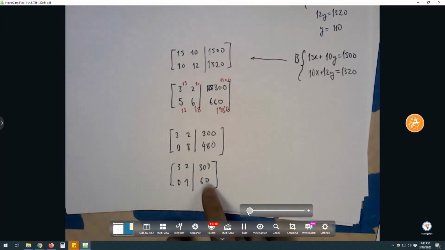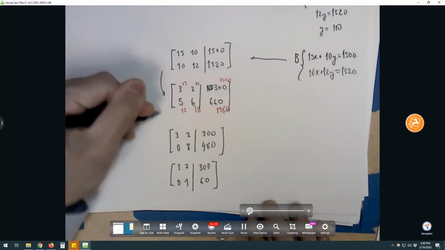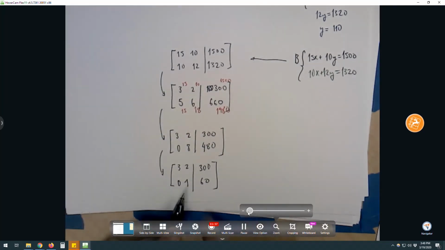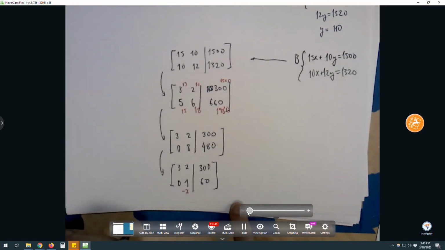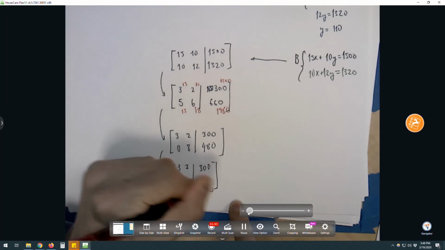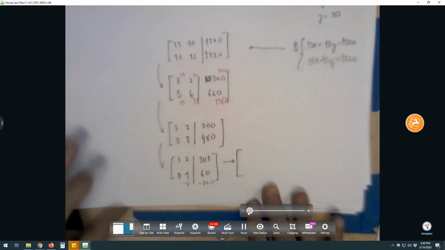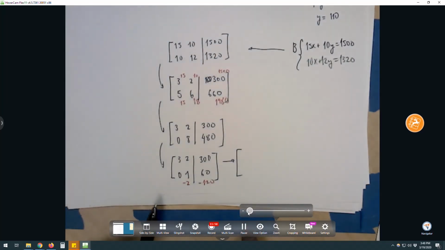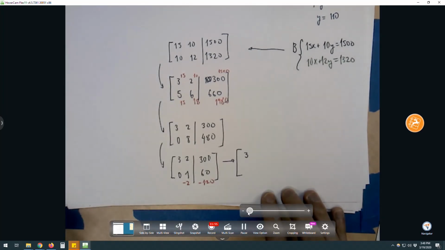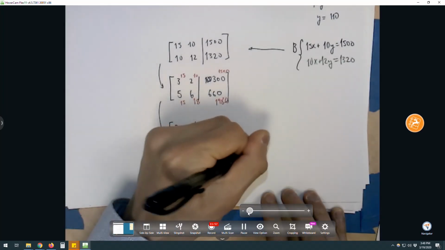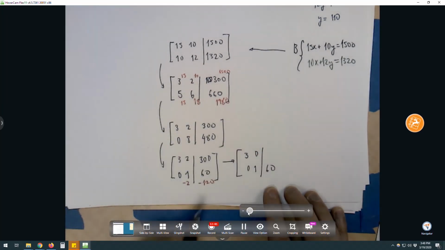So at this point here, you could keep going with the Gaussian elimination. Since I've been going along, I'm going to just do that. I'm going to multiply this by a 2, and that will be a 120. Now we're going to subtract, so this will just be a 3, and then 0. This is all the same here. And then we're going to do 300 minus 120.